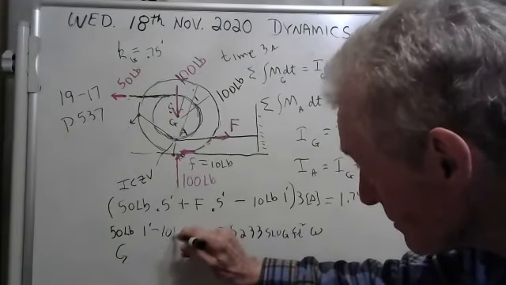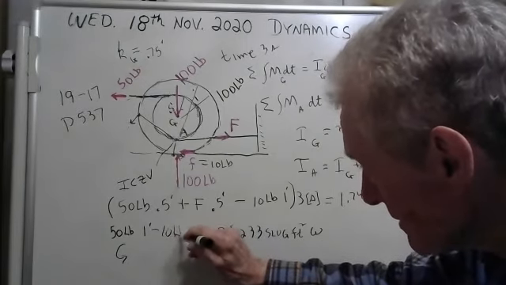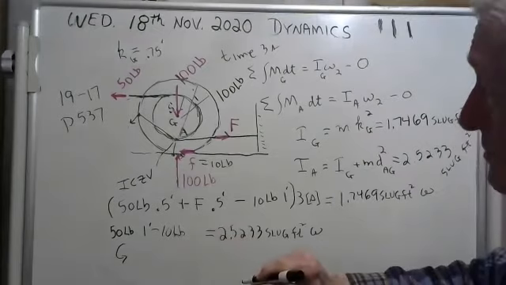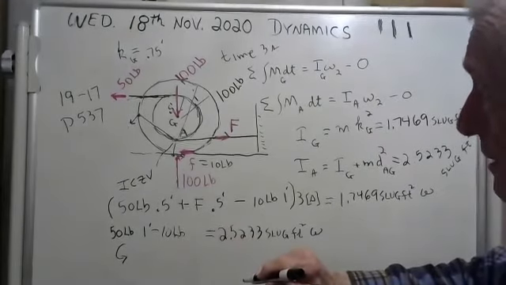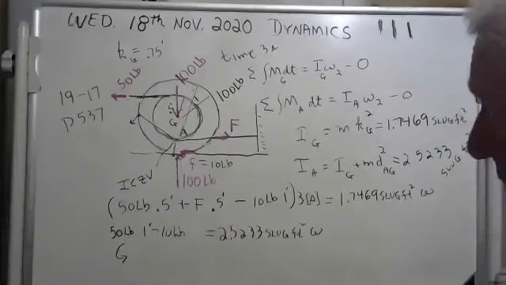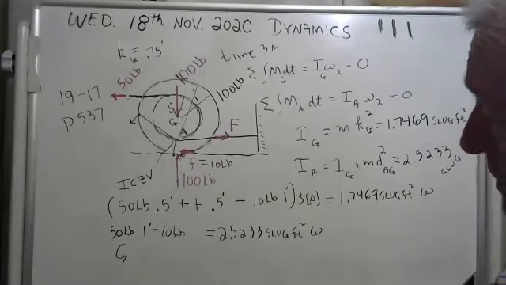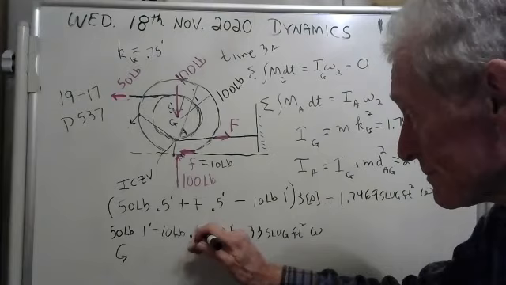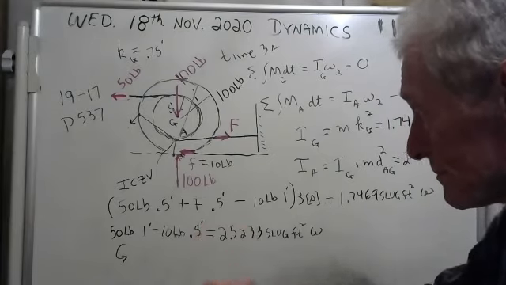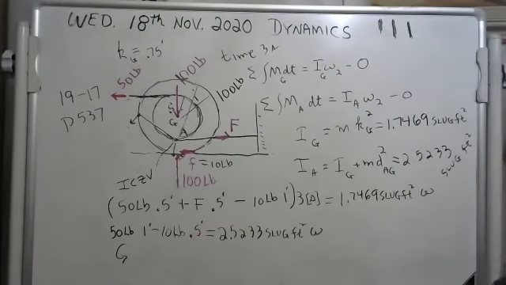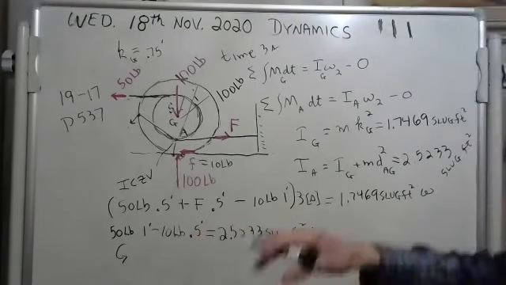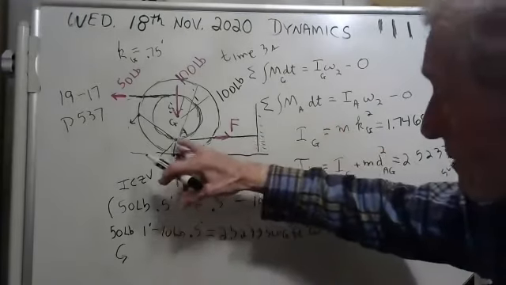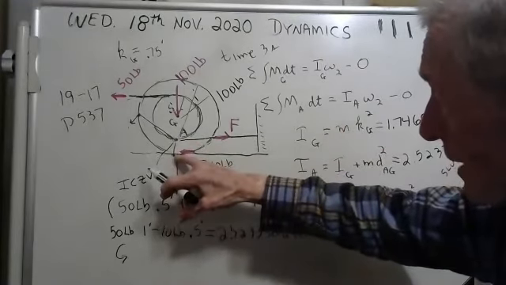10 pounds times, okay, now I got myself lost again. But we're doing it about A. Well, it's a half. It's 0.5, isn't it? If you're doing it about A, the distance to the friction is 0.5.